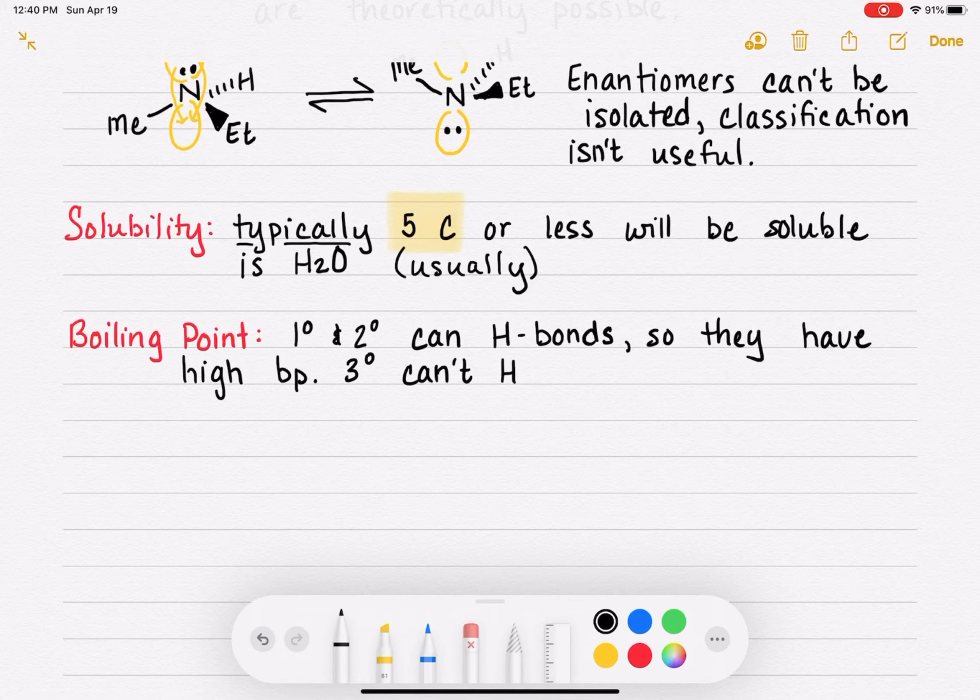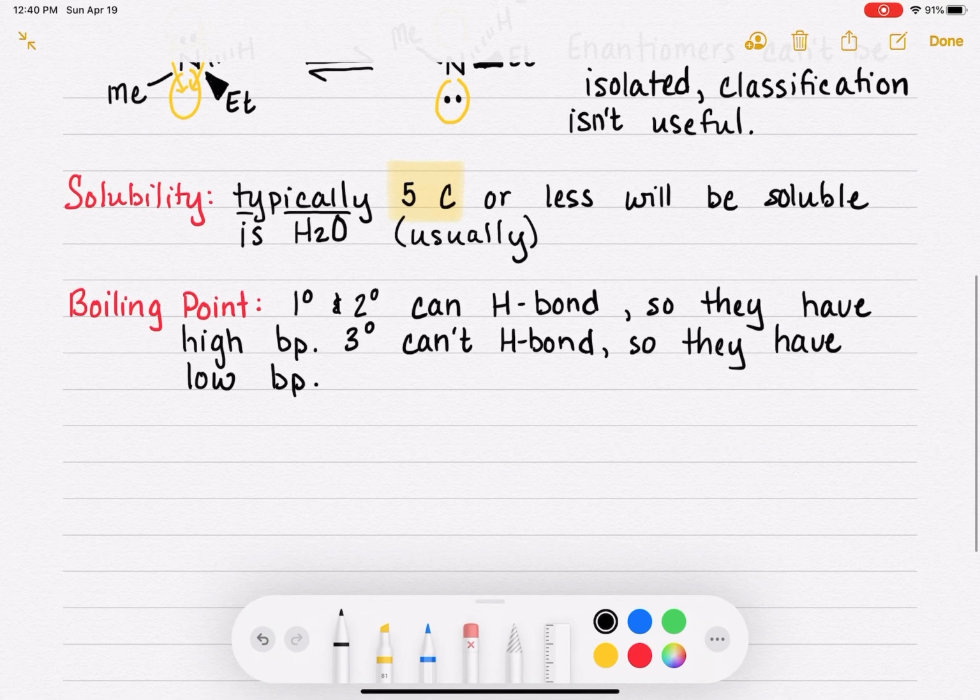I just saw what I wrote there. Primary and secondary can hydrogen bond, so they have high boiling points. Tertiary can't hydrogen bond, so they have low boiling points. And let's look at a few side by side. We can compare.